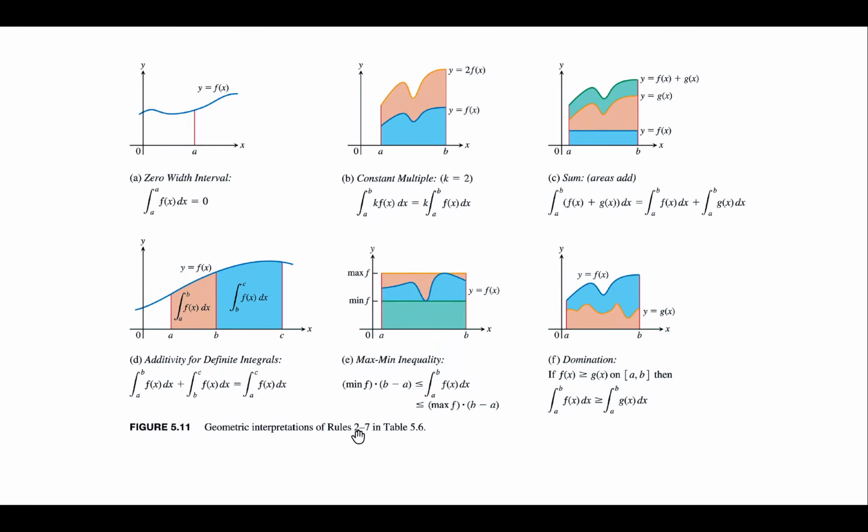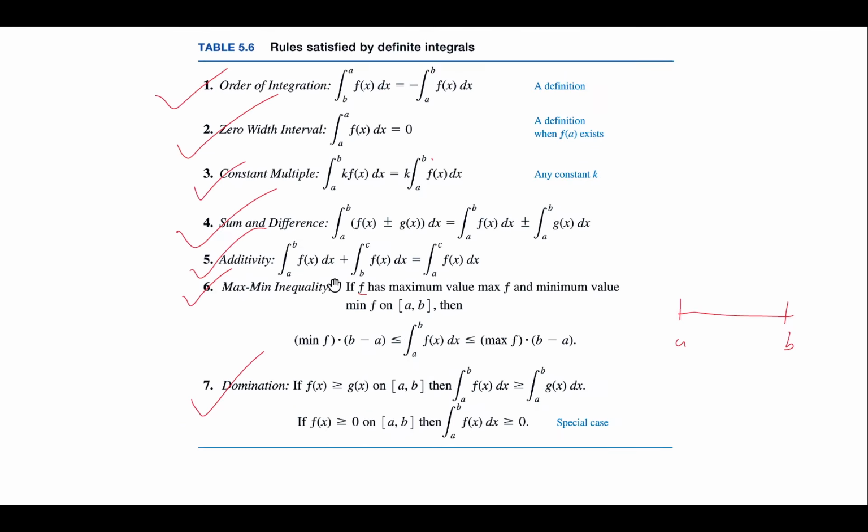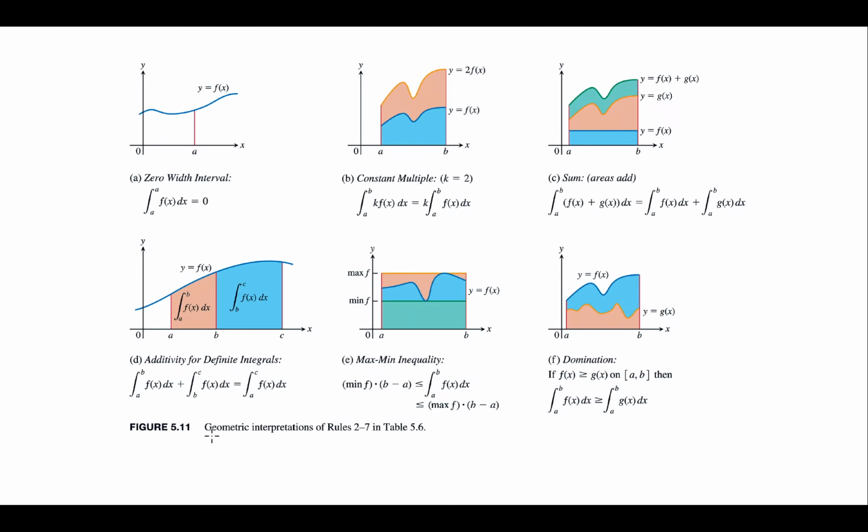geometrical interpretations of the rules from 2 to 7. So here are the rules and these are the geometrical interpretations. For example, for rule 2, this is the integration of f from a to a. That is 0, because the width is 0.